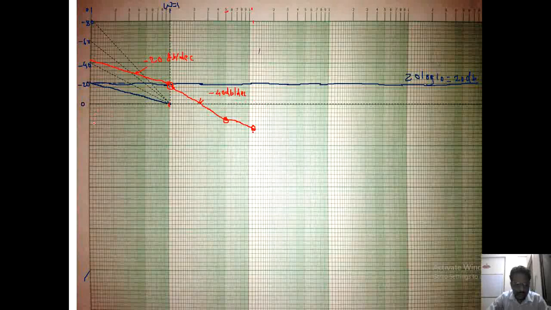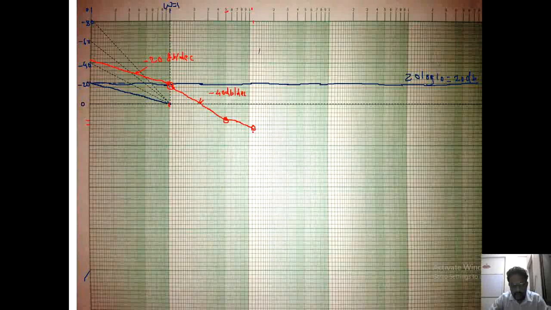Now look at this portion, this is the scale of 20. If 5 blocks are adjusted in 20 dB, then one block has a value of 4 dB, and we need to go for 7.